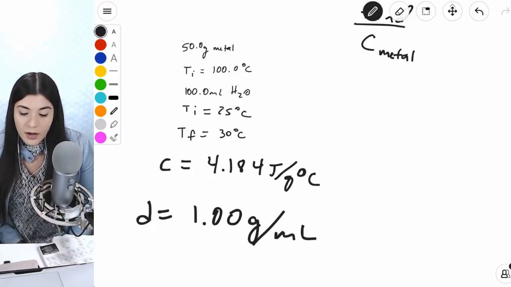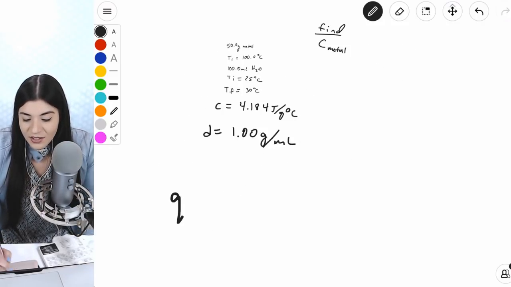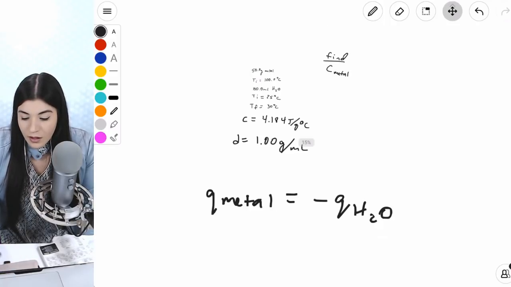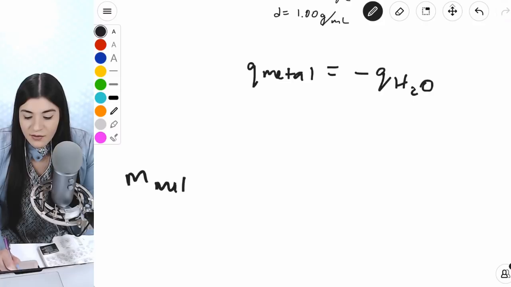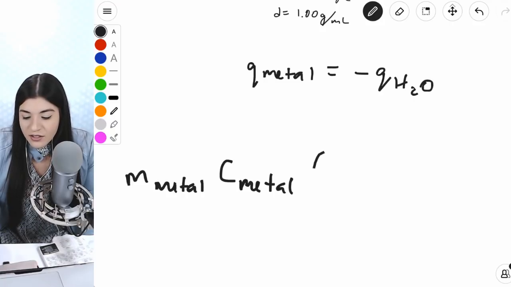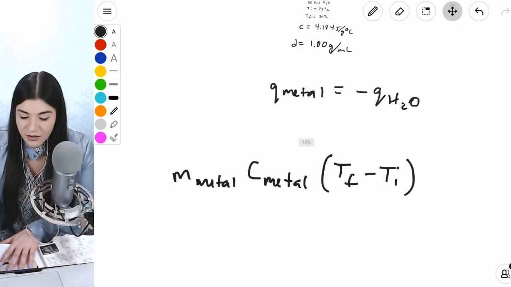Then we're going to build this formula. Q of our metal is going to equal negative Q of our water. I'm going to expand this a bit further. This is going to be the mass of our metal times the specific heat capacity of our metal, which is what we're looking for, times our change, so T final minus T initial of the metal.